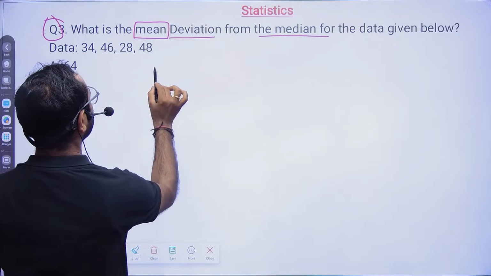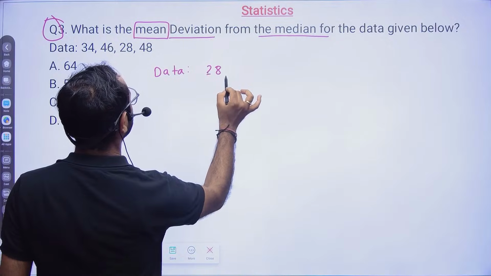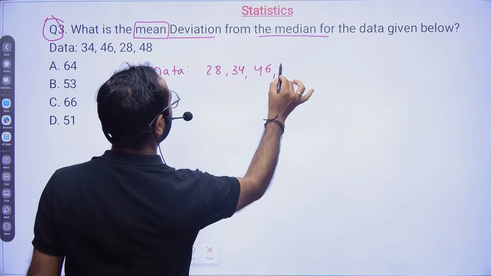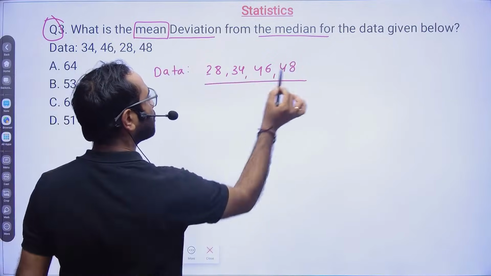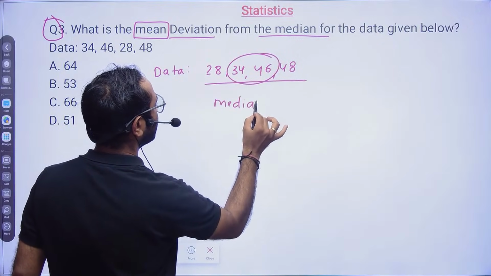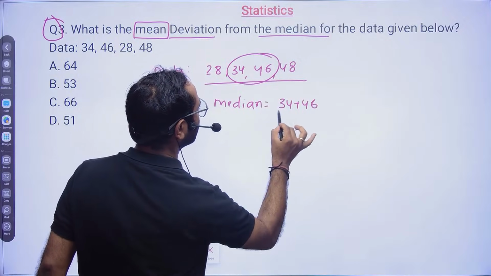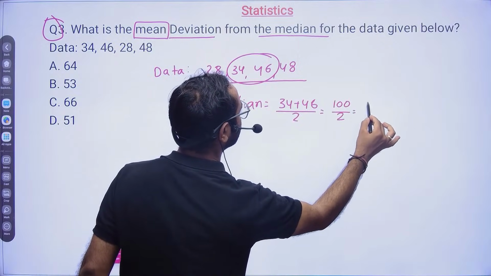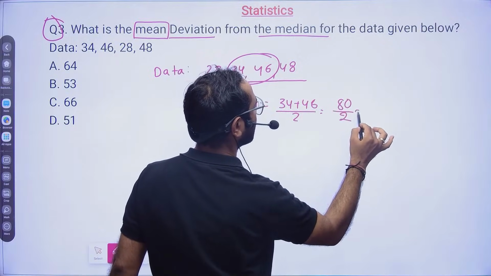So first, your data here is 28, 34, 46 and 48, right? So 4 data points are there. So my median will be equal to 34 plus 46 divided by 2, that is 80 divided by 2, which is equal to 40.